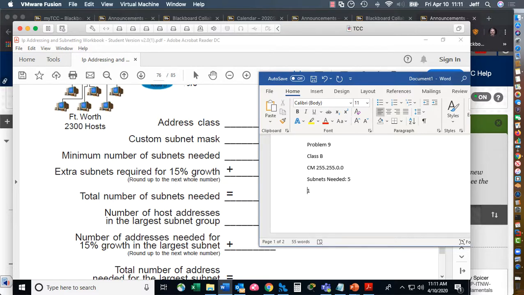This is growth. And then this is total subnets. Okay, so we need 6. So then we have number of addresses needed.